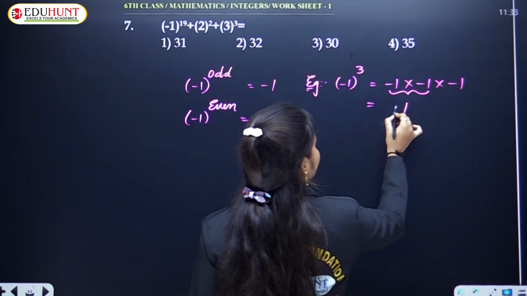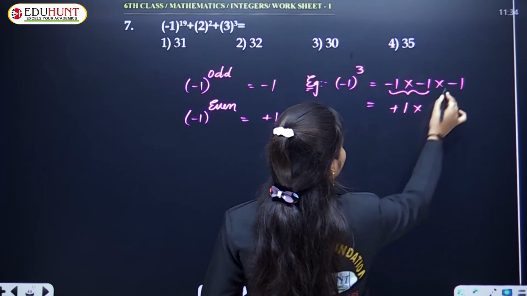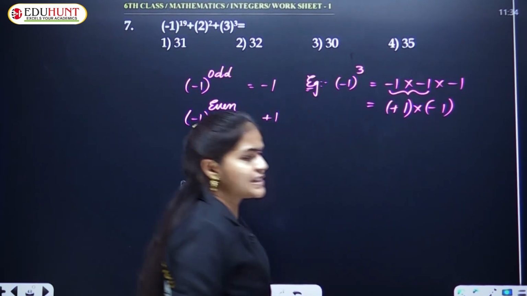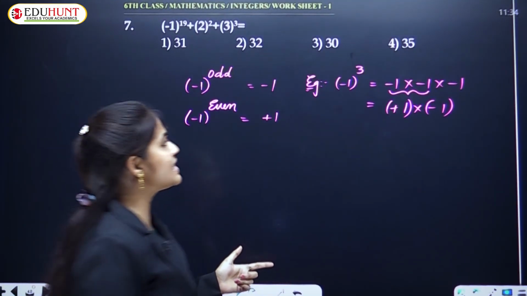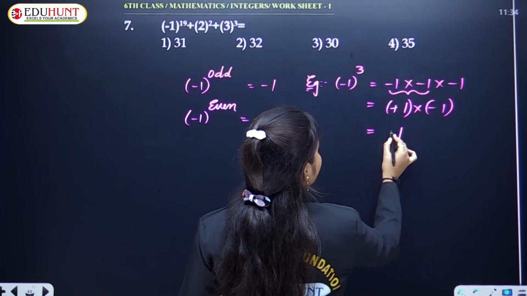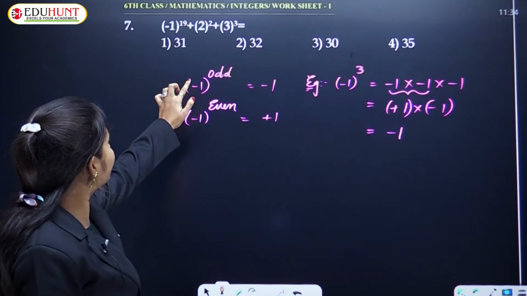The product of two negative integers is positive only. So plus 1 into minus 1. The product of one positive integer and one negative integer is negative. So 1 into 1 is 1, plus into minus is minus. So the answer is minus 1. That's what I gave here.